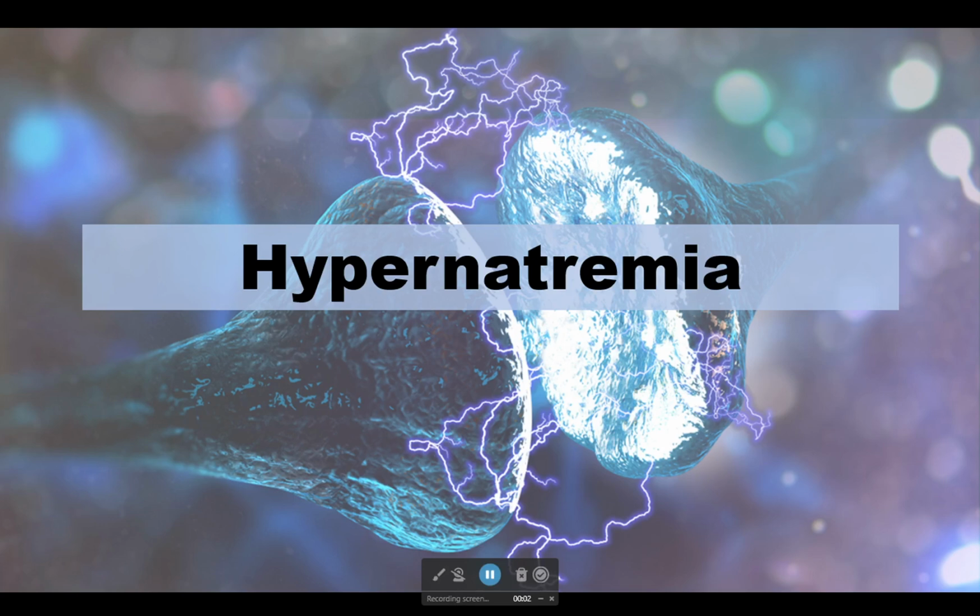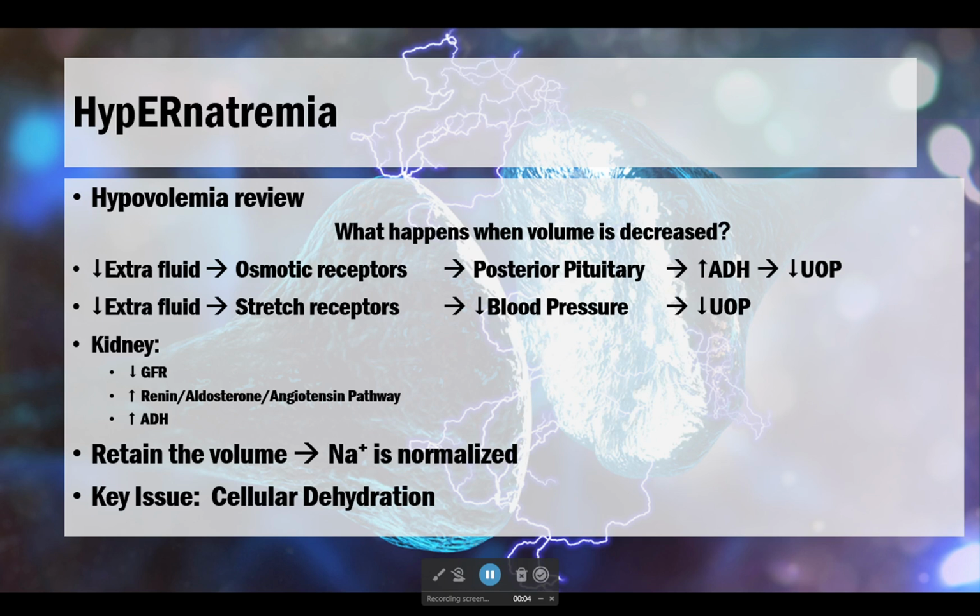Hypernatremia is primarily just the opposite of what we were just talking about. So now with hypernatremia, this is an opposite picture of the one we depicted earlier. So let me switch my camera.